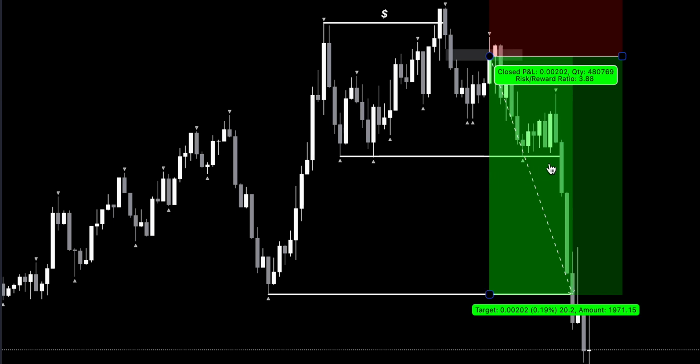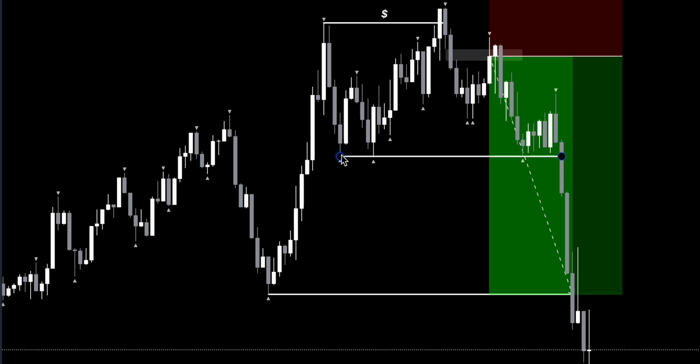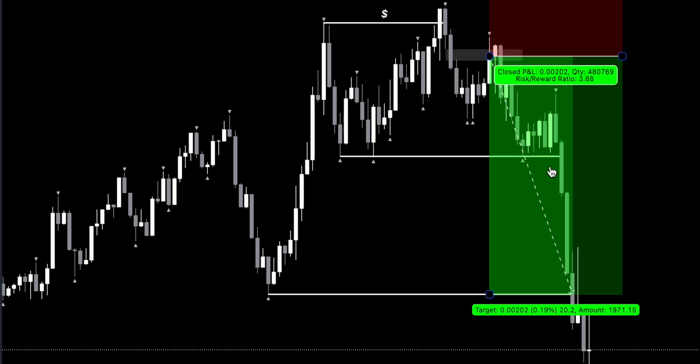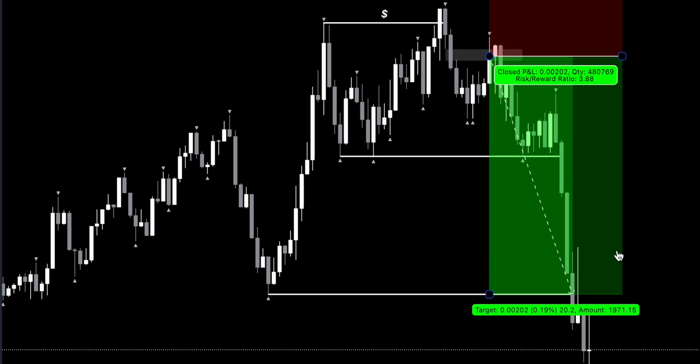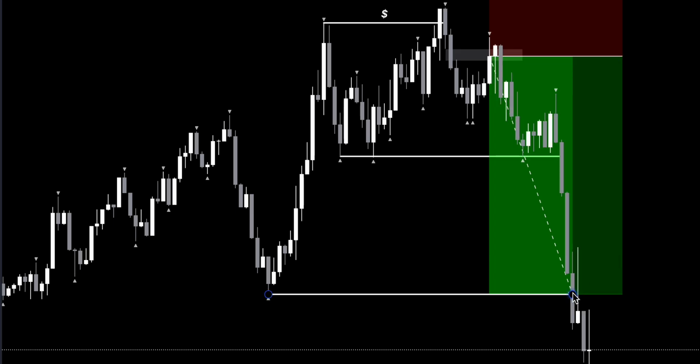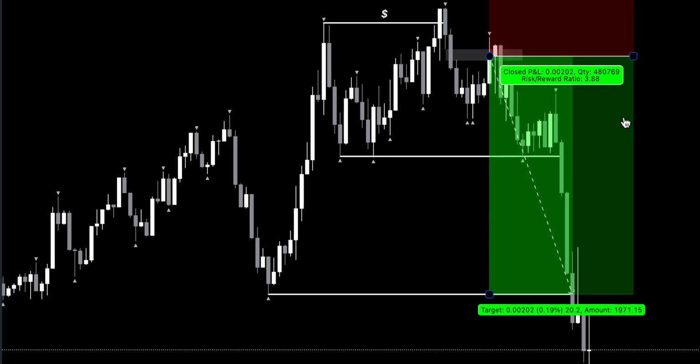The algorithms are going to be taking profits at equal lows because this is an area of liquidity. Then, if we can break that, we're going to be running down to the low of the New York session, which is a very safe target as well.